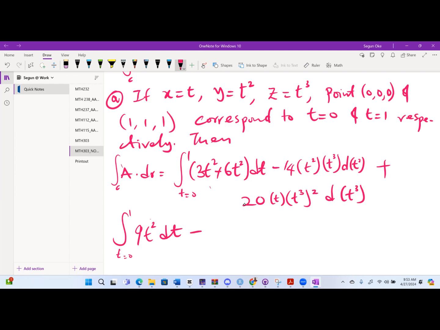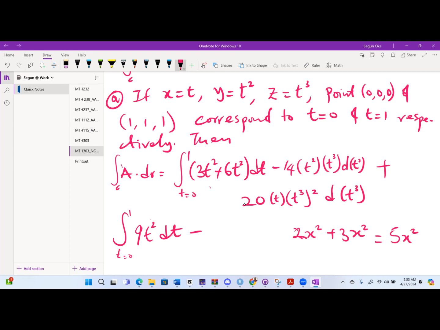Because the powers add: 3 plus 6. Look at what we are doing: 2x squared plus 3x squared is what? 5x squared.